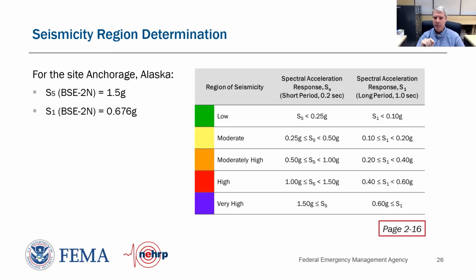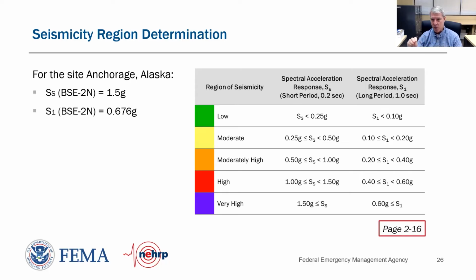If I'm close to one, I might seriously consider pulling the documentation form for that adjacent seismicity region and score the building both ways to see what the difference is between the two scores.